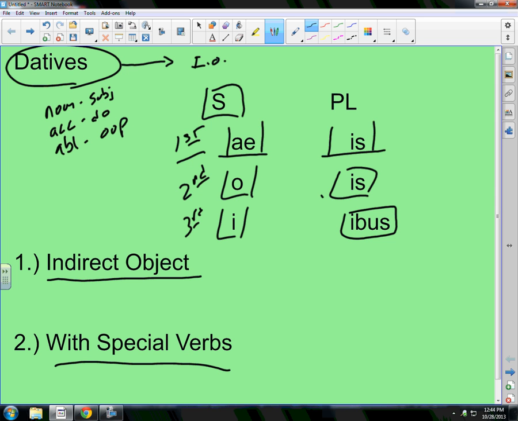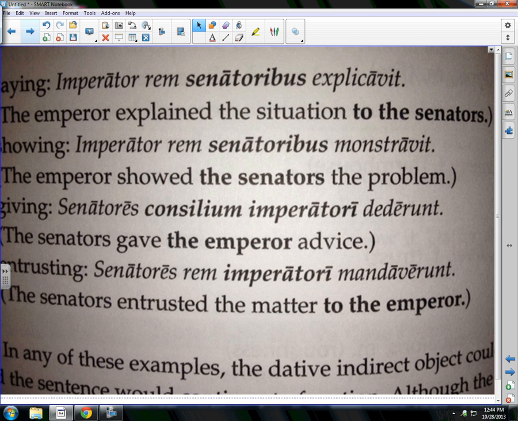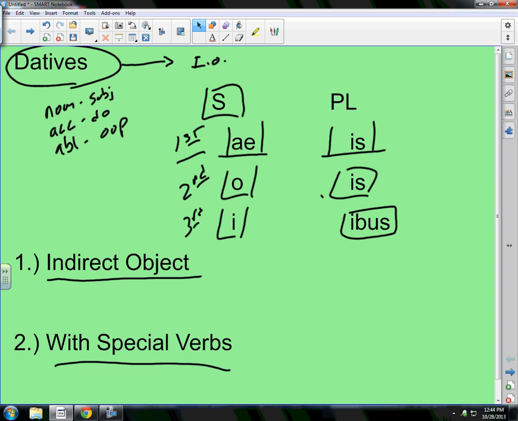Typically, we have a few types of verbs that deal with this: verbs of saying, verbs of showing, verbs of giving, verbs of entrusting. These are the kind of verbs that typically take indirect objects.